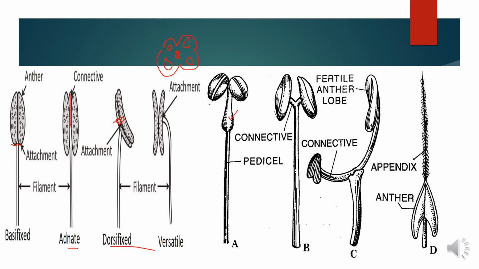This is how the connective is elaborated. The connective gets divided so much that the pollen sacs, the anther lobes, get detached. This type of connective is called divaricate.